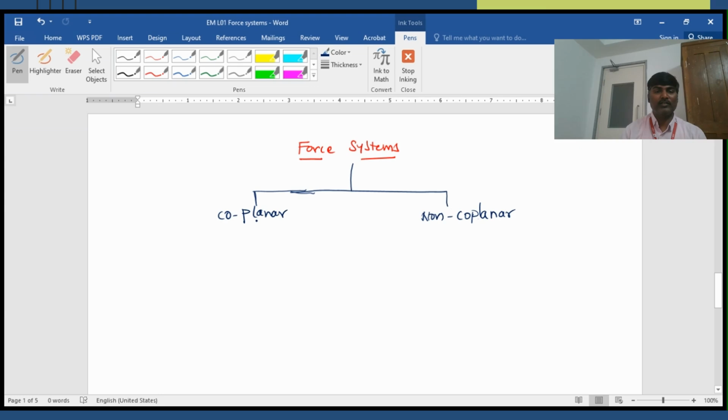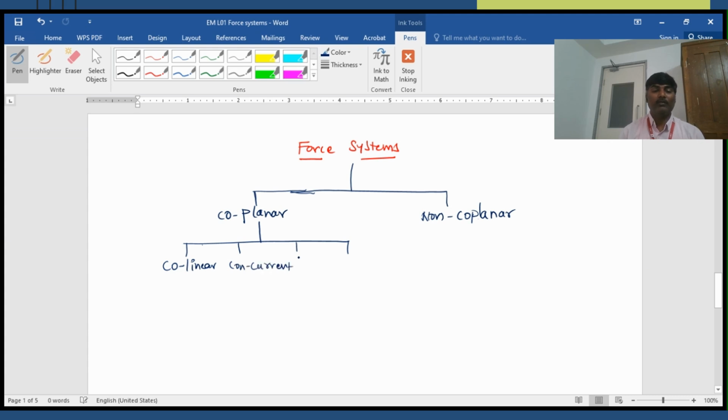Again, these are subdivided. Coplanar force system is subdivided into four categories. Okay, so what are they? One is collinear force system. The other one is concurrent force system.